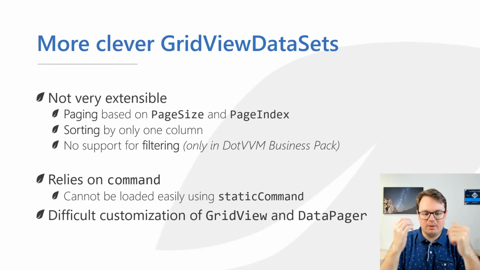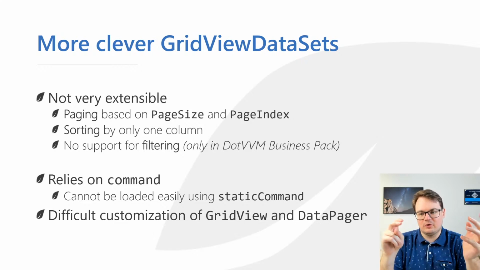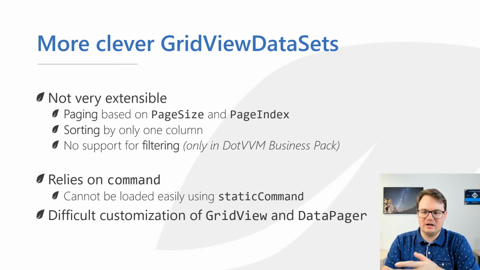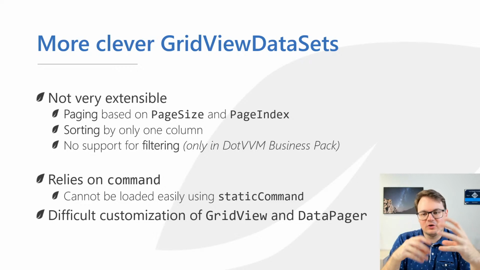Yeah, because the paging is using page index and page size, which is great for SQL or relational databases. But if you are using other database engines, for example Cosmos DB or any other document databases, some of them don't have a concept of page index. Instead, they are using things like a continuation token.